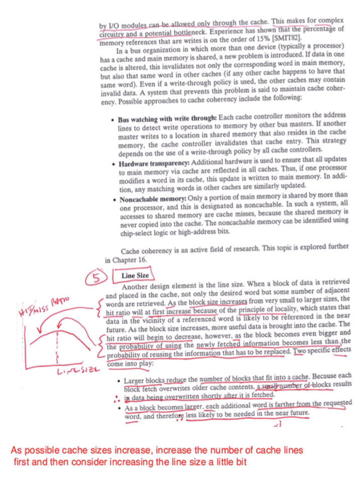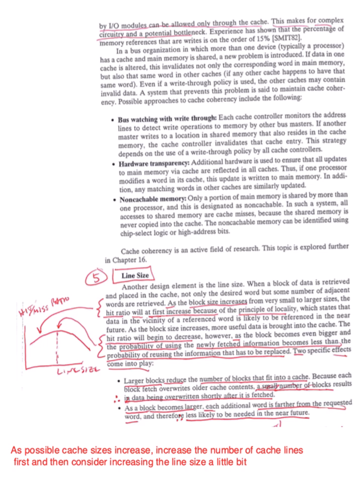As the block size increases, more useful data is brought into the cache. The hit ratio will begin to decrease, however, as the block becomes even bigger and the probability of using the newly fetched information becomes less than the probability of reusing the information that has to be replaced.